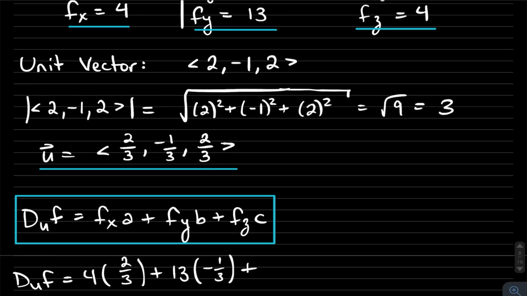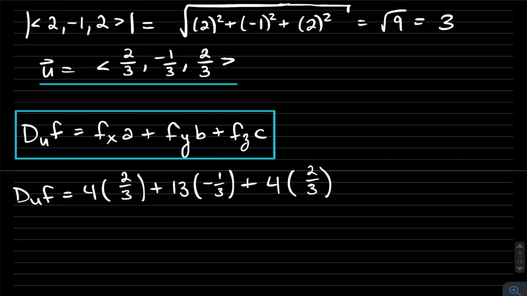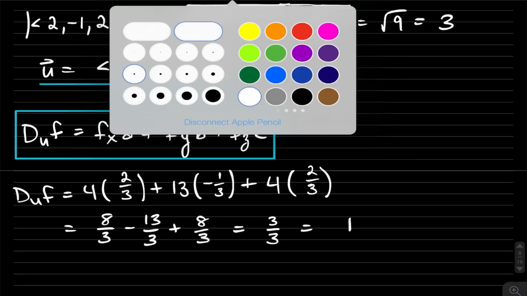Our f sub z is 4, and our c is 2/3. And so putting that all together, we get 8/3 minus 13 over 3 plus 8 over 3. And that gives us, well, we have a 16 here and a minus 13, so we get 3 over 3, which is just 1.